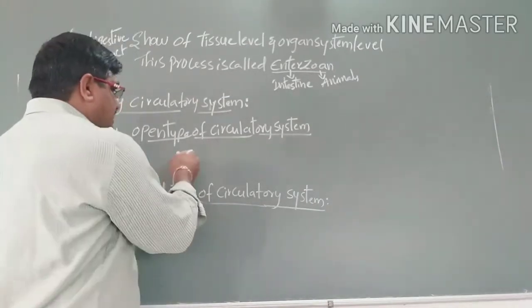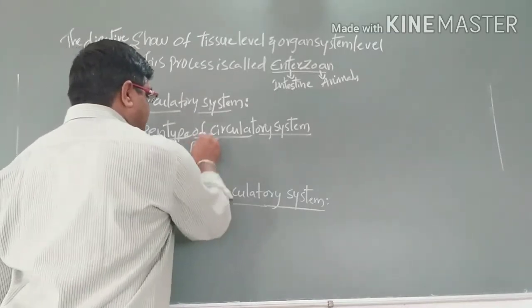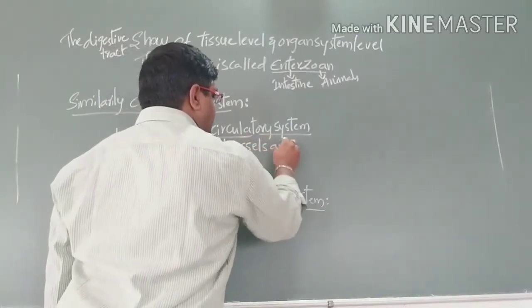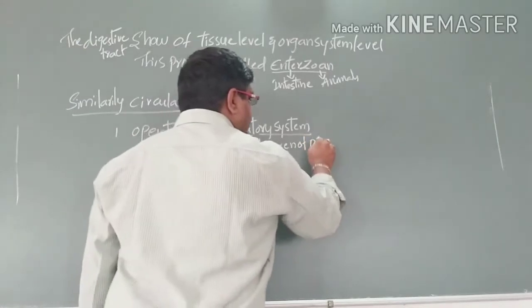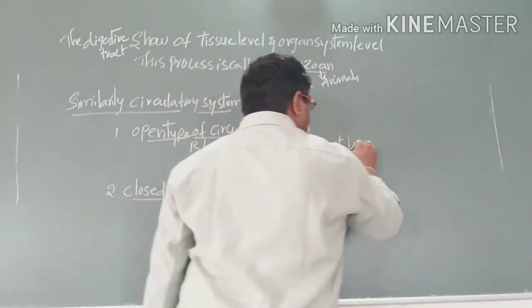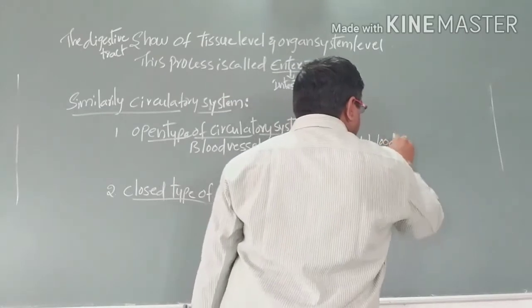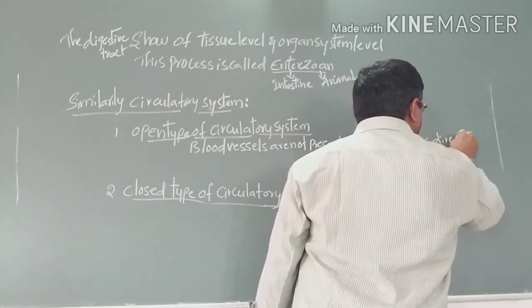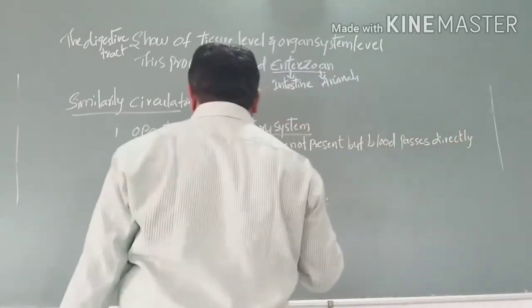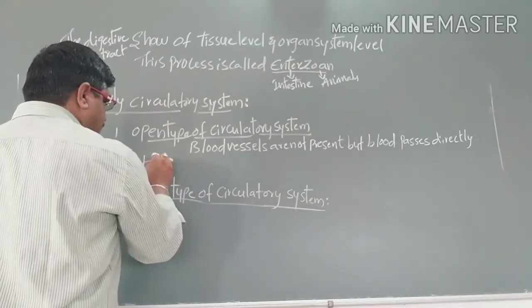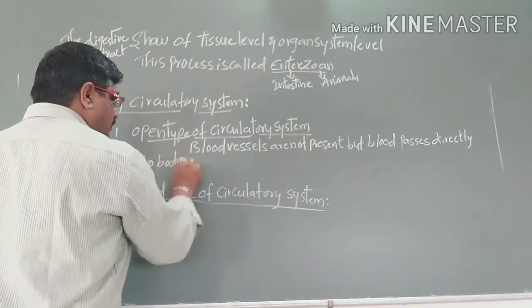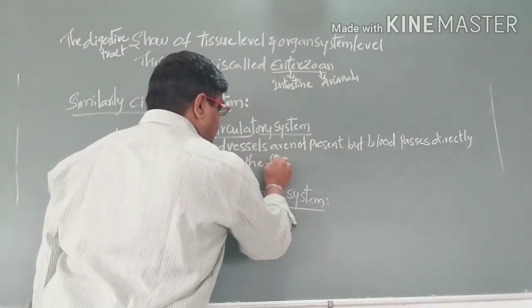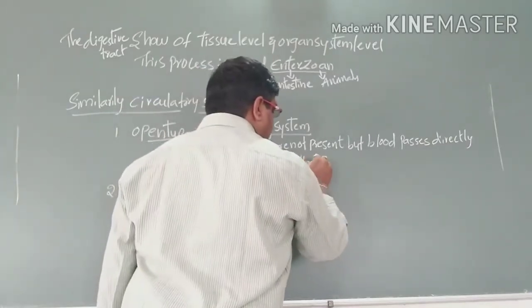So here the blood vessels are not present, but blood passes directly to the body parts in the form of a hemocoel.